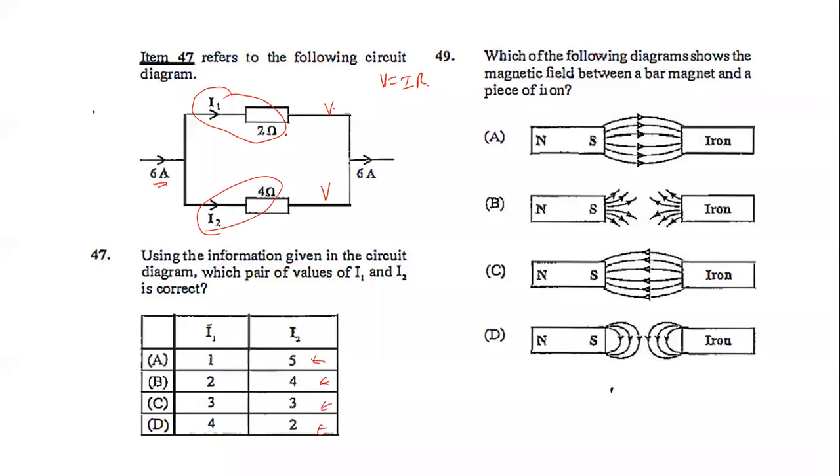So you simply take your current values and multiply by your resistance value and see if both are equal. If you look at the first one, for example, 1 times 2, and the other one is 5 times 4, it will have been 20, and this will have been equal to 2. So therefore, they are not equal. And you just examine all of the options like that.